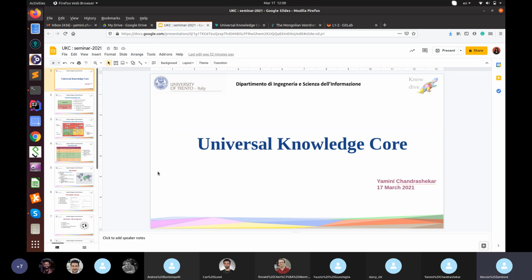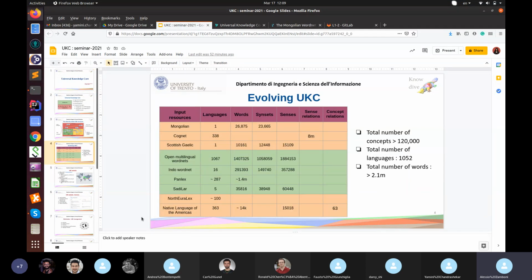In the meantime, I do have a curiosity. If you can go to slide 4, I guess. Here there are a lot of languages. Is there any overlap between the languages included in those resources, or are they all separate?